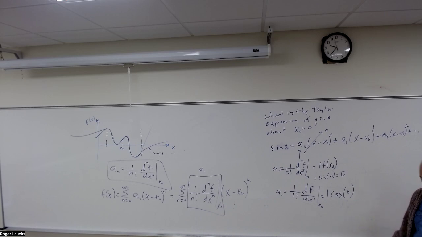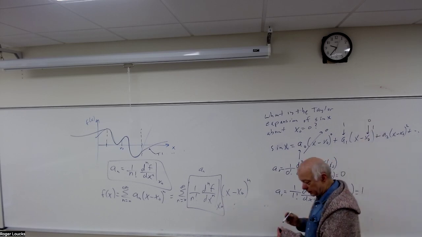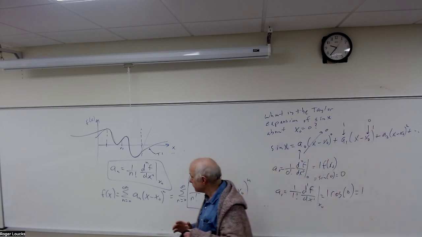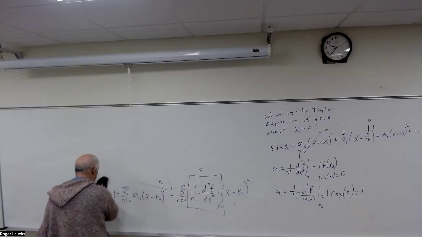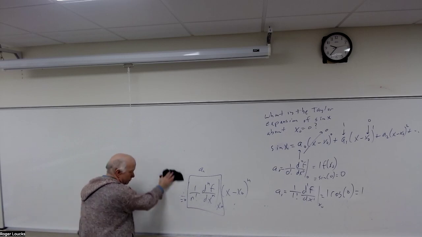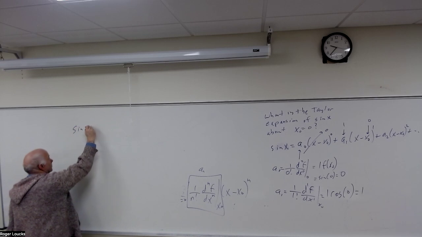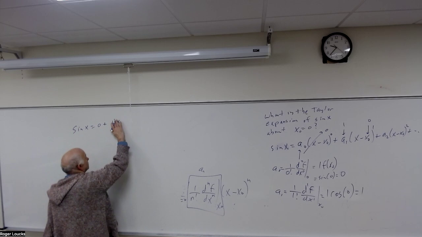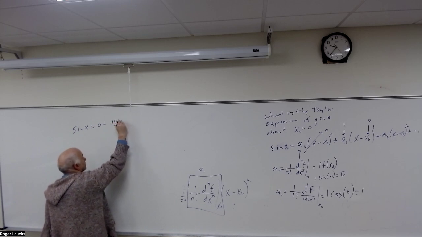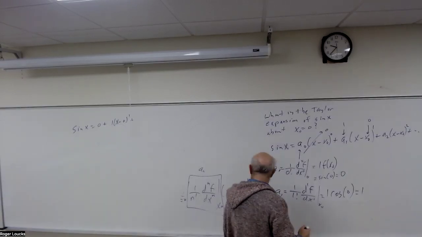Cosine of 0 is 1. So this is a 1 here, and this is a 0 here. So if I start putting these pieces together: 0, plus I'm going to get 1 times x, plus, okay, now let's do the a2 term.